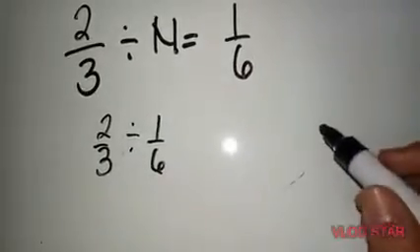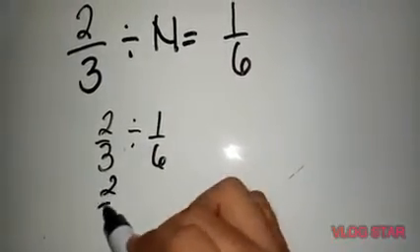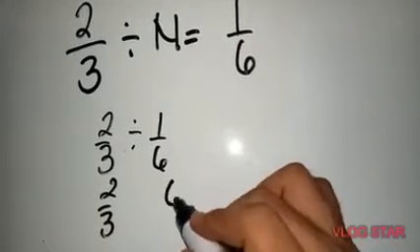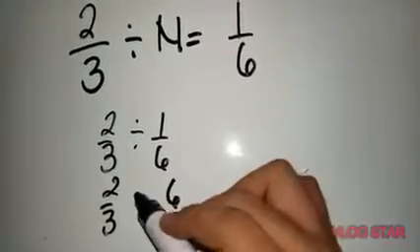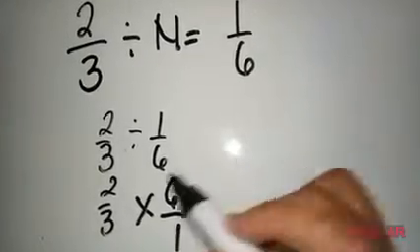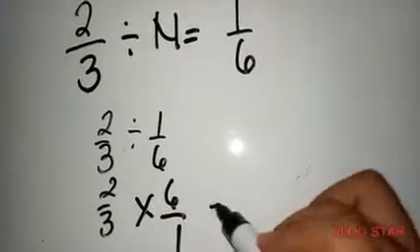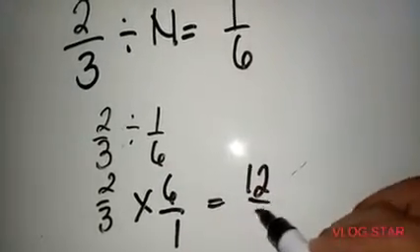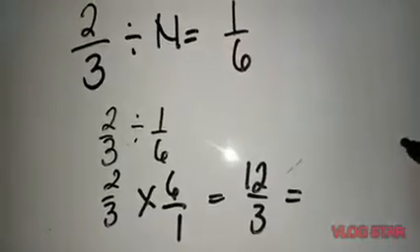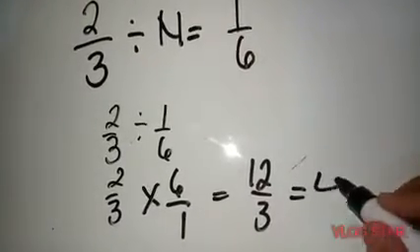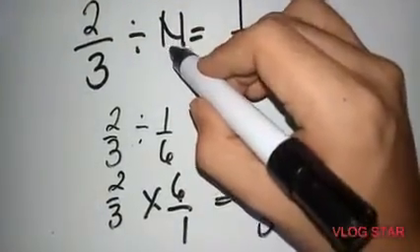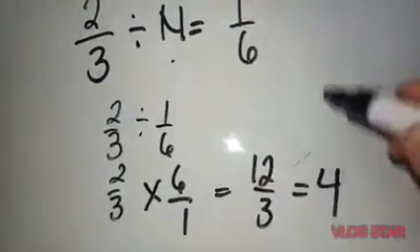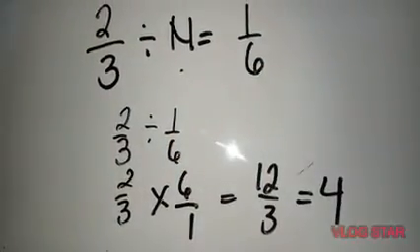So copy 2/3, then get the reciprocal of 1/6, and that is 6/1 or 6. Then proceed to multiplication. 2 times 6, the answer is 12. 3 times 1, the answer is 3. If we simplify our answer, n would be 4. So our n is equal to 4.